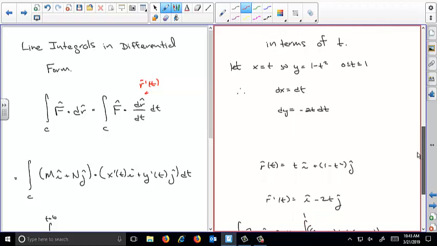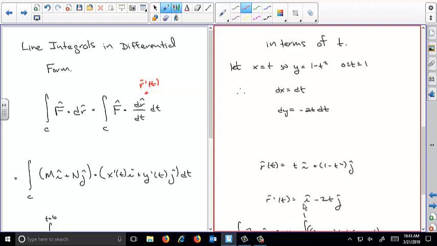Now the position vector is just the x and y coordinates, the x and y values parameterized. So this is r. You get t times i plus (1 minus t squared) times j.